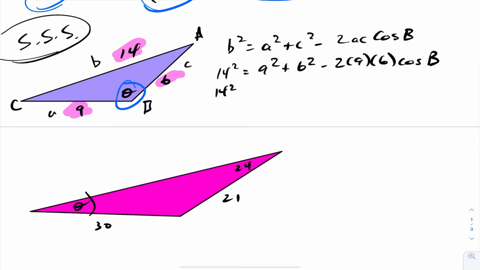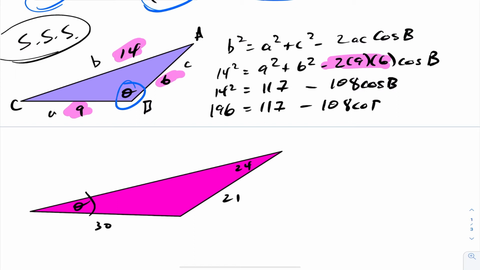And this becomes 14 squared equals 9 squared plus 6 squared, which is equal to 117, minus. Again, you cannot subtract the 117 from the product of these three numbers. We're going to have to compute that together. So if you take 2 times 9 times 6, you get 108 cos of B. 14 squared is 196. So now we're essentially solving for the cos of B. So I'm going to subtract off.